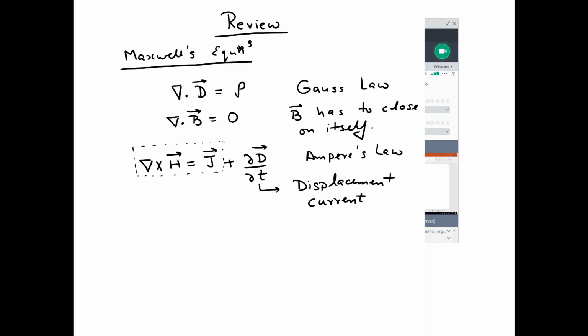Anytime we add a source, we create divergence of the current. So he said, in order to make Ampere's law compatible with the charge continuity equation, we have to add this term del D by del T. And the last equation is Faraday's law, which is del cross E is minus del B by del T. This is your Faraday's law.